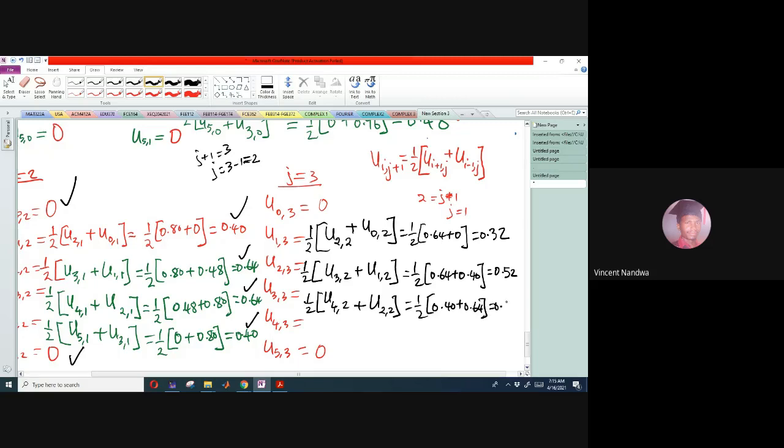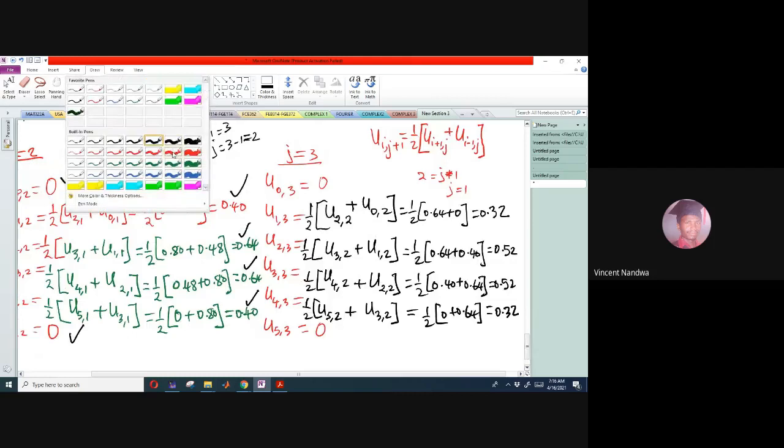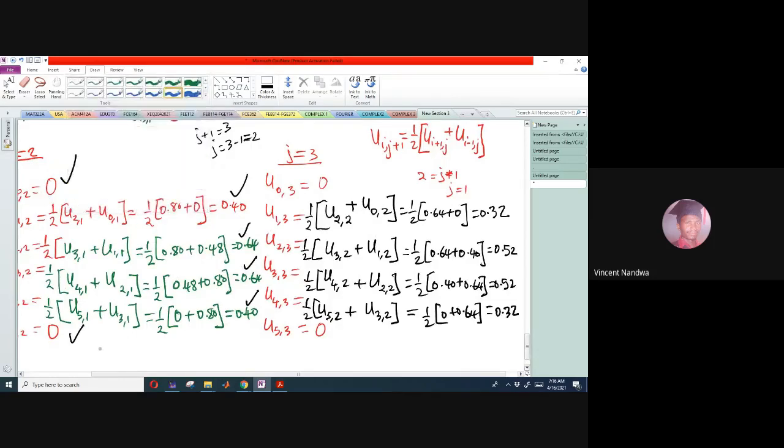So you still get 0.52. And lastly, a half. i is 4, so 4 plus 1, 5. So u(5,2) plus 4 minus 1 is 3, so u(3,2). That gives you a half into 0 plus 0.64, which gives you 0.32. So these last values for case j equals to 3 are the required values of the temperature at t equals 0.06.